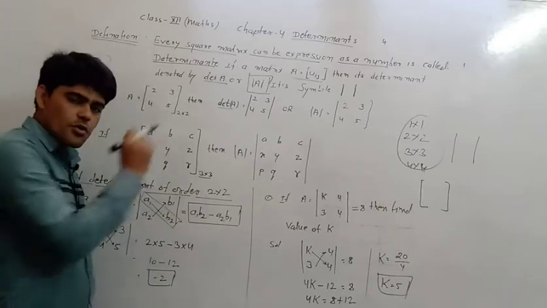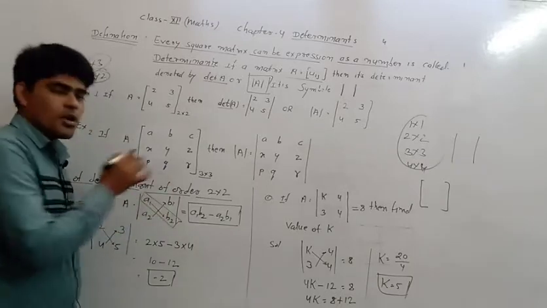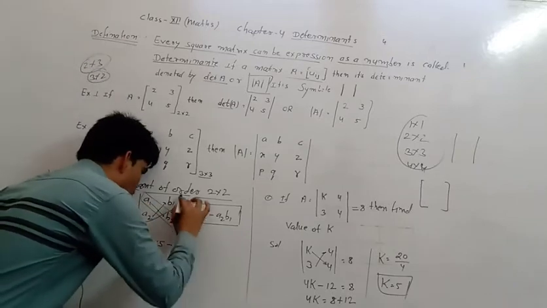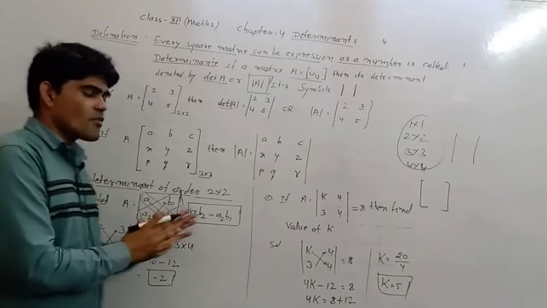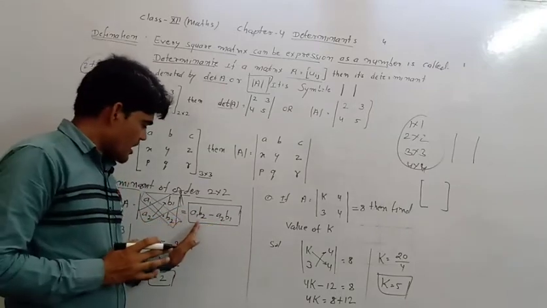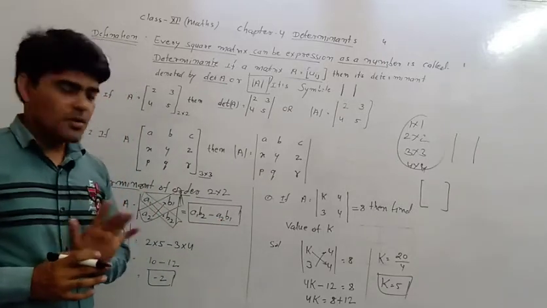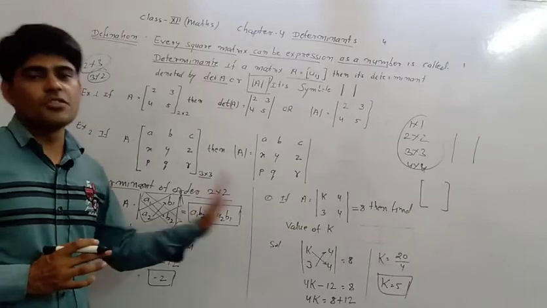A1 into B2 minus, when we go from up to down it is positive, and when we go down to up then negative sign. It is the cross multiplication: A1 B2 minus A2 B1. This is the solution of a 2 into 2 determinant.